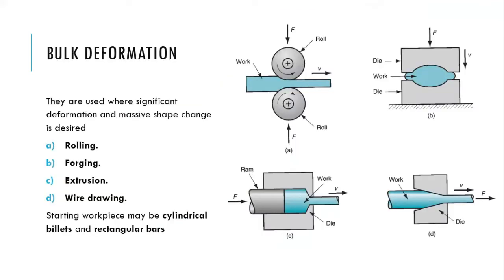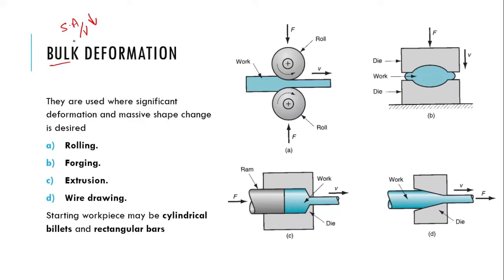Starting with the first type of metal forming or deformation process, that is the bulk deformation. We have discussed what bulk deformation is, in which the deformation is produced on a bulk material, which has a lower surface area to volume ratio. The other aspect is that they are used where significant deformation and massive shape change is desired.